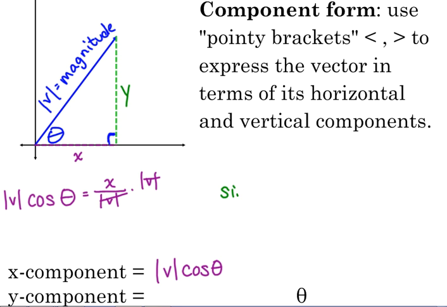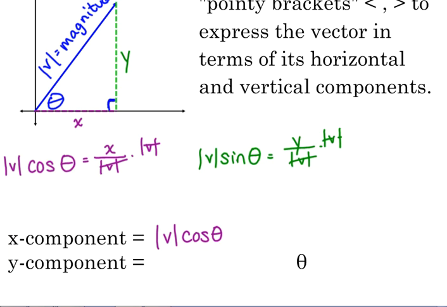Sine. Sine of theta is equal to y, the opposite from my angle down here, over the hypotenuse, which is the magnitude. To solve for y, again, I multiply both sides by the magnitude. So my y component is equal to the magnitude times the sine of the angle.